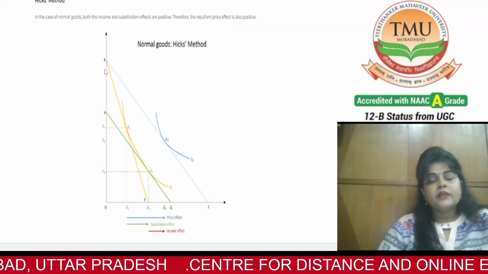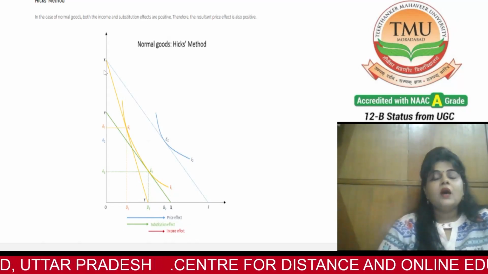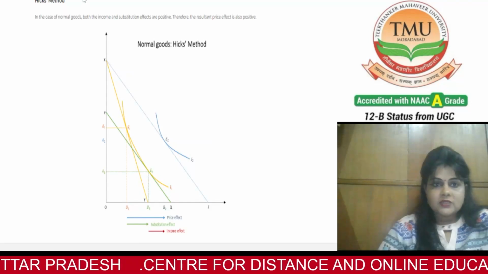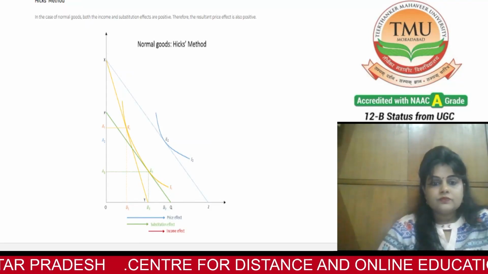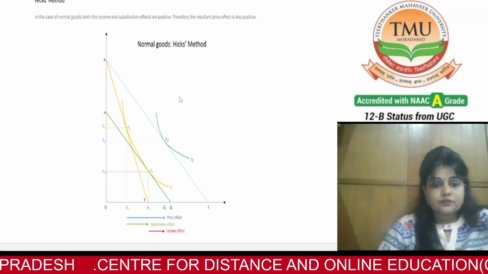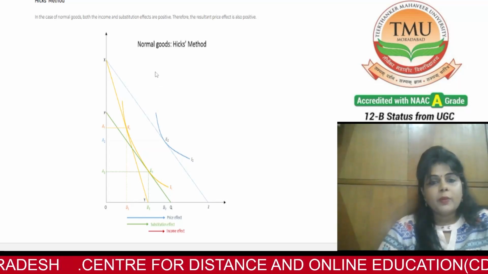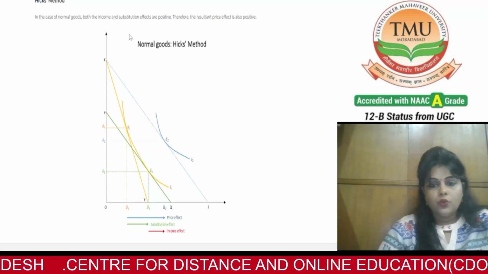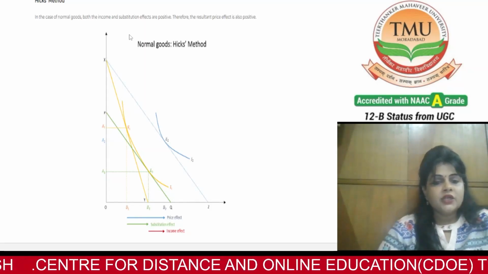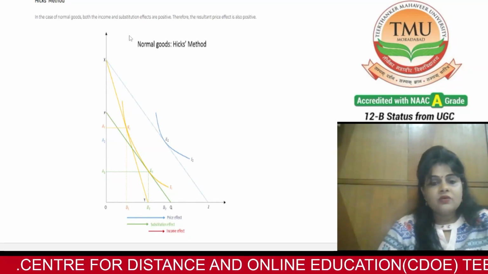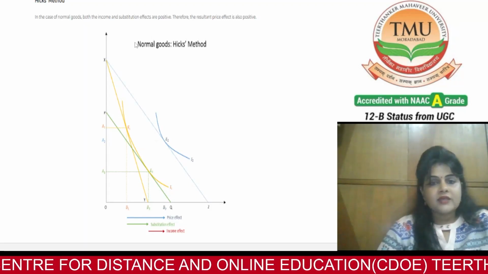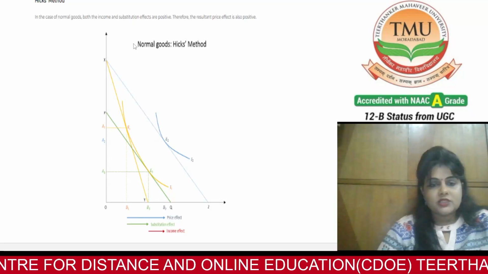Okay, and the second budget line: when the price of the X good decreases, the new budget line becomes XZ. The new equilibrium point E2 is where the new budget line XZ is tangent to the indifference curve IC2.